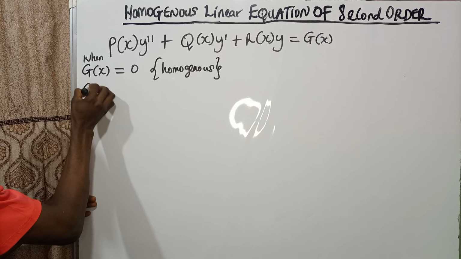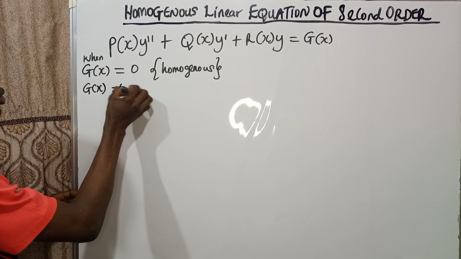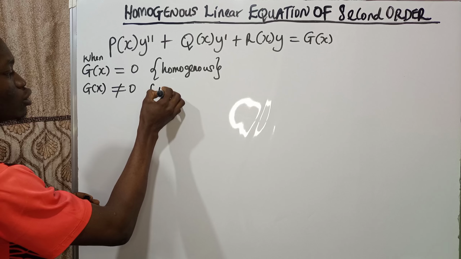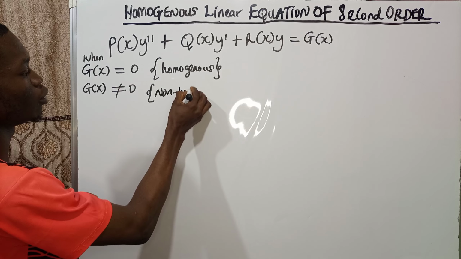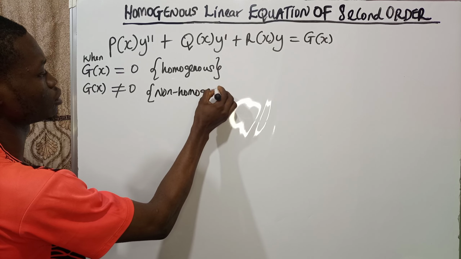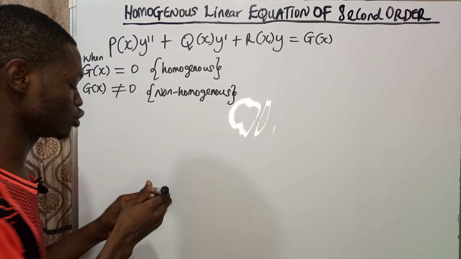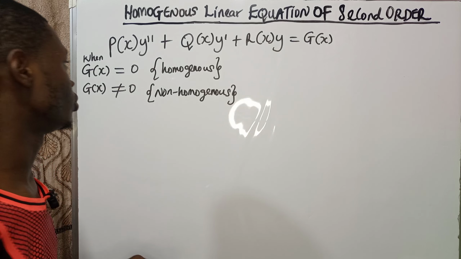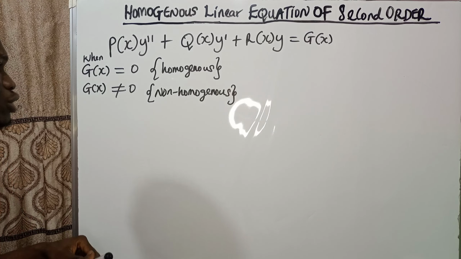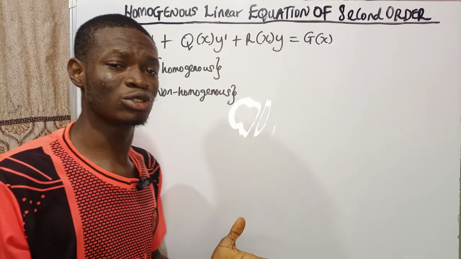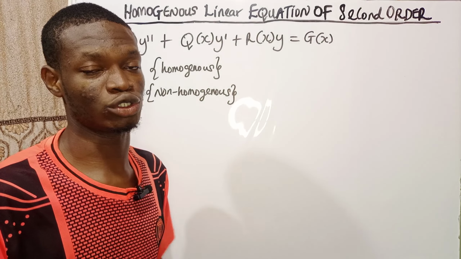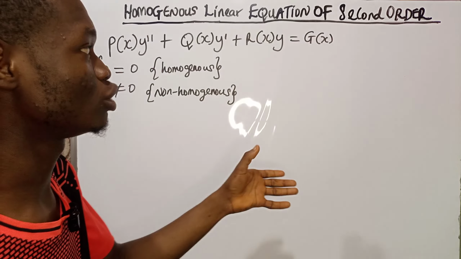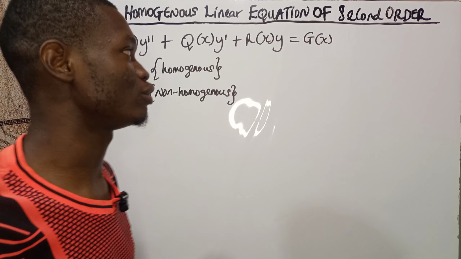When this g of x is not equal to 0, we know that it is non-homogeneous. Now under the homogeneous case, the general solution is known as the complementary function. You understand? The general solution is known as the complementary function.